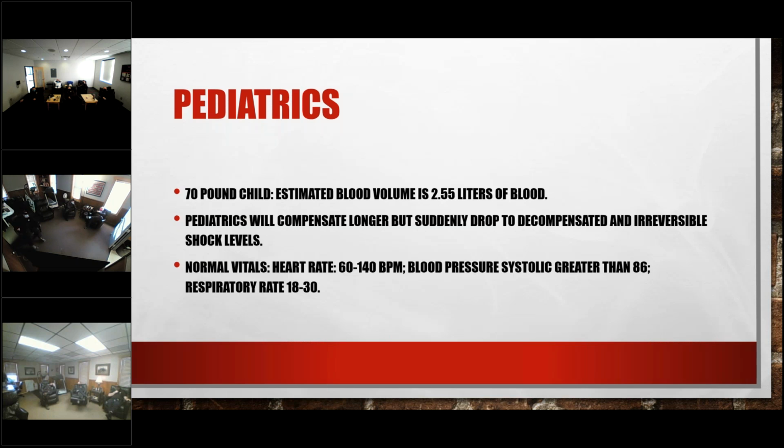As far as trying to figure out what a normal blood pressure is for our peds and our infants, this is the formula that you want to use. Normal blood pressure should be 90 plus 2 times the age, and that is going to give you a systolic value. So if this individual is 7 years old and I'm checking their blood pressure, hopefully it is 90 plus 2 times 7, so that is going to be 104.